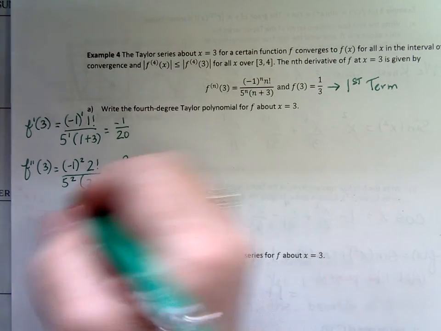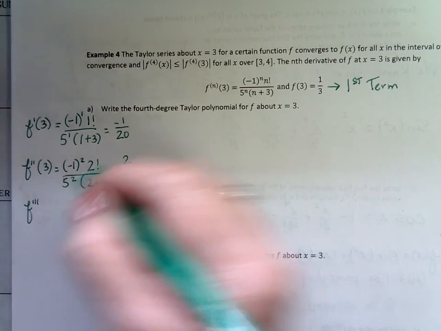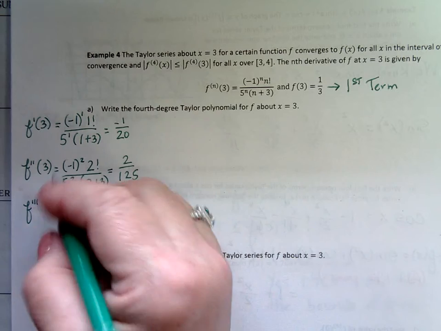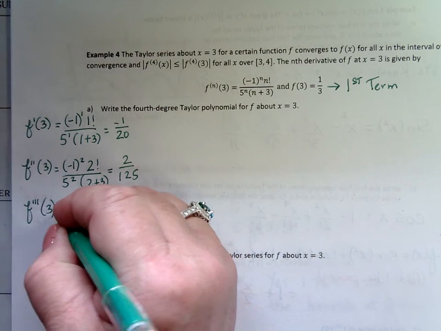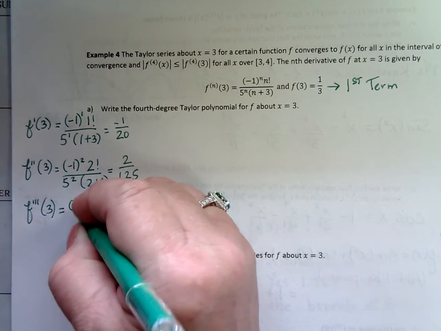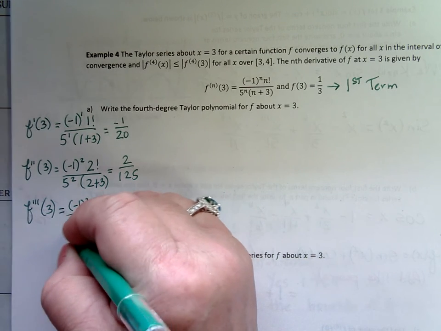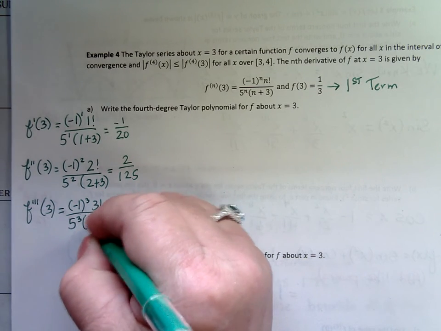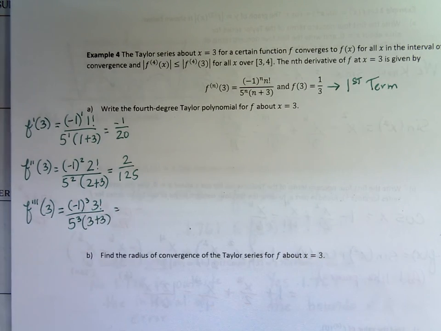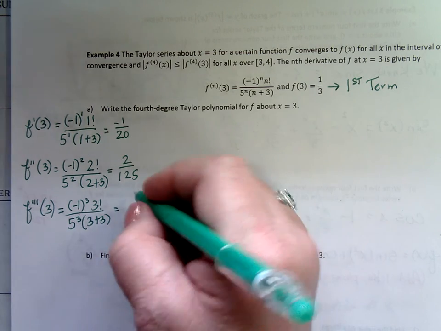I have to go to the 4th degree, so I've got to go a couple more places here. So the third derivative is going to be negative 1 to the third, 3 factorial up top, 5 cubed, and 3 plus 3 on the bottom. That comes out to be negative 6 over 750.